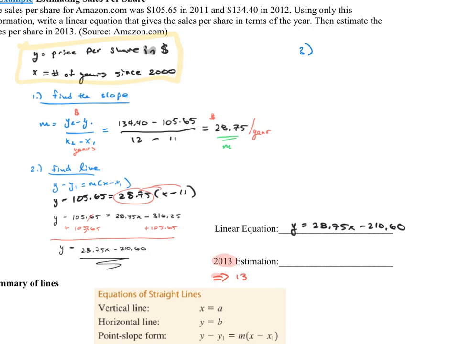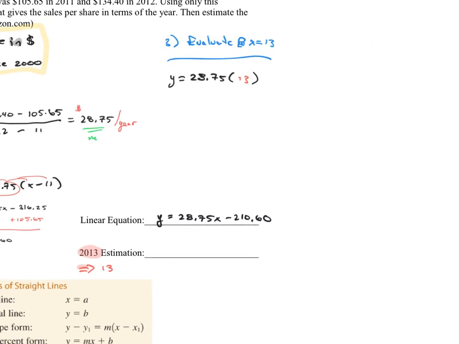So step 3 for this problem is evaluate at x equals 13 for the year 2013. So all we're going to do is plug it into that equation. So we have the 28.75, but instead of x, that's where I'm going to plug in the value 13. I come back over here and I have the minus 210.60.